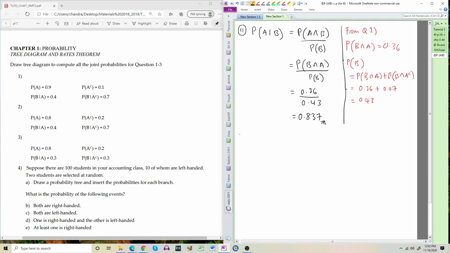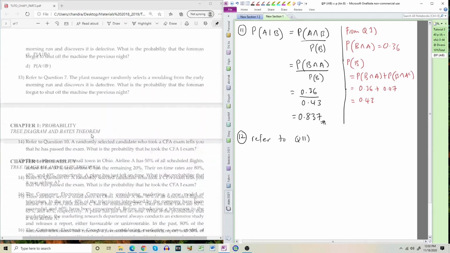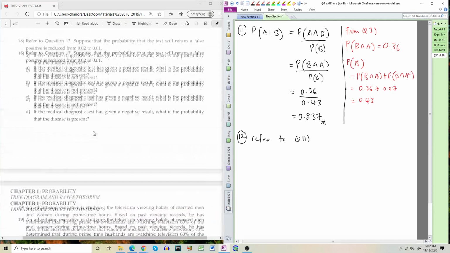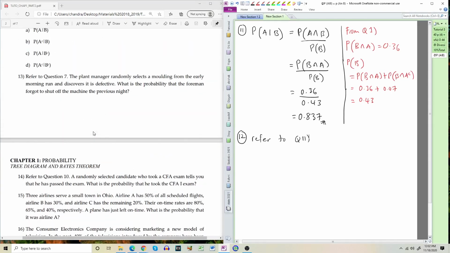So number 12 is almost the same. I write here, refer to Q11, number 12. Number 13, refer to question 7. The plant manager randomly selects a molding.